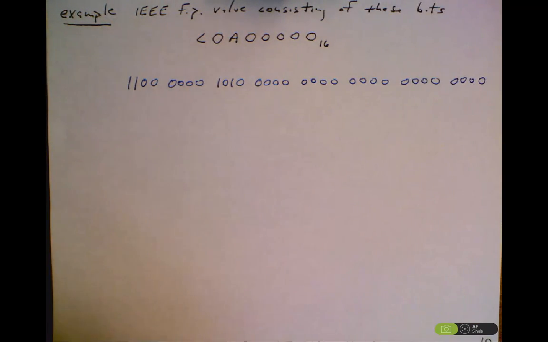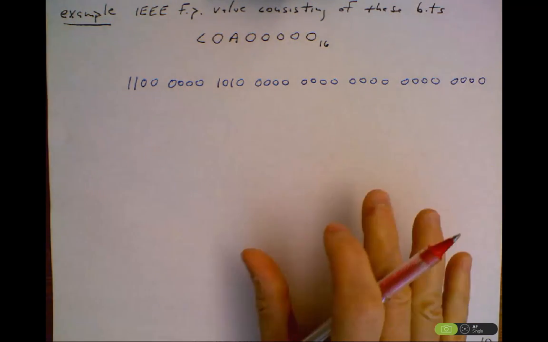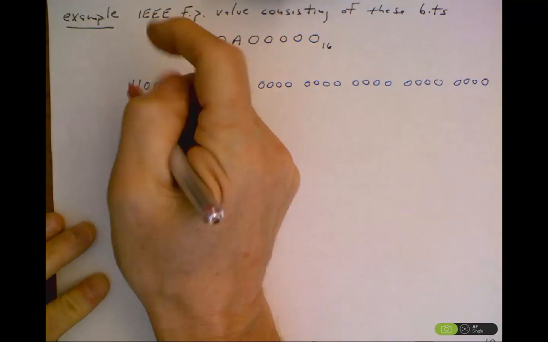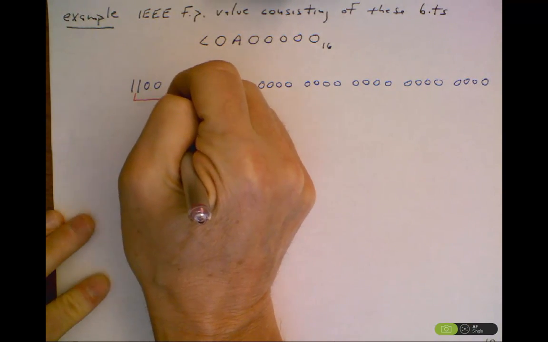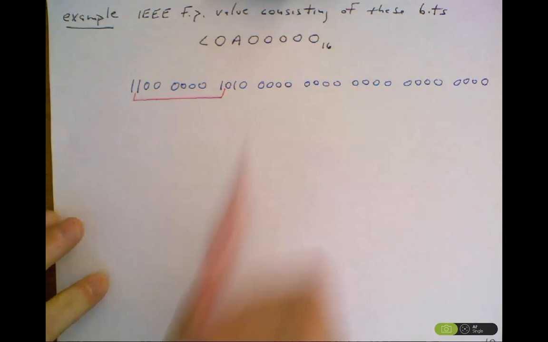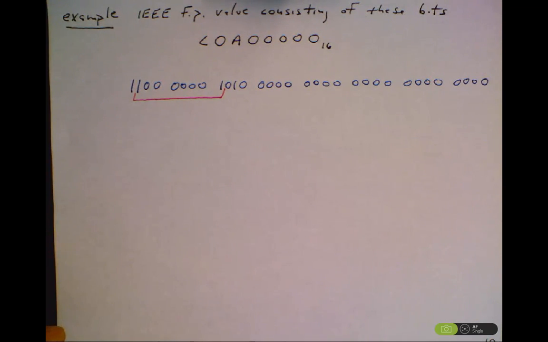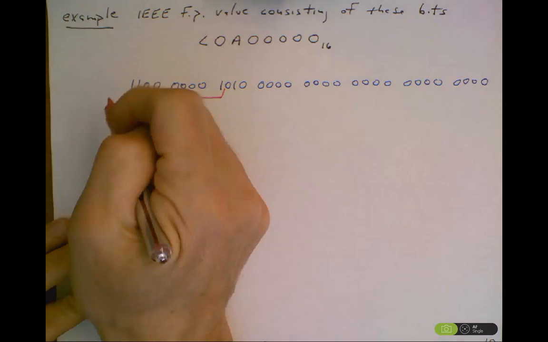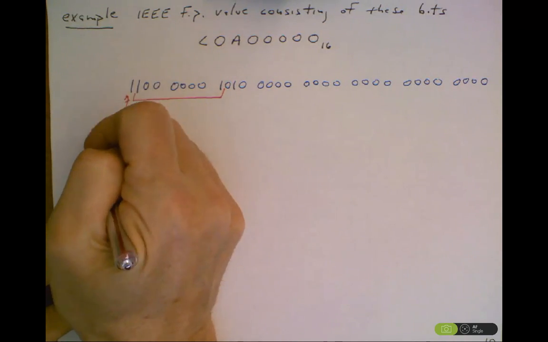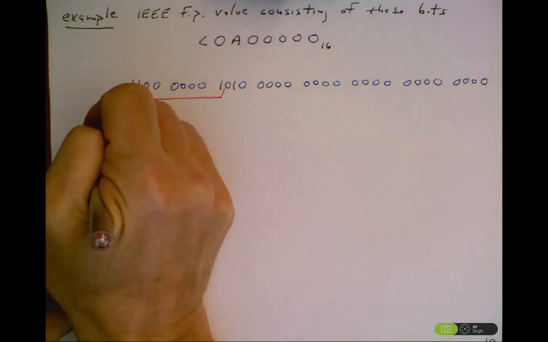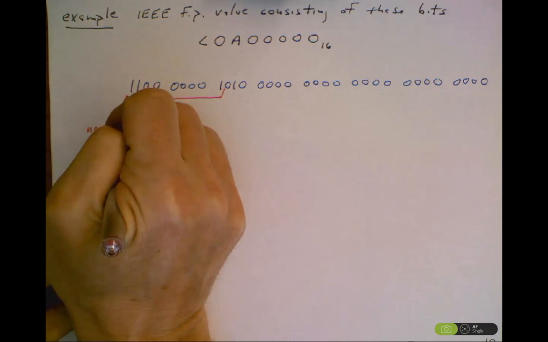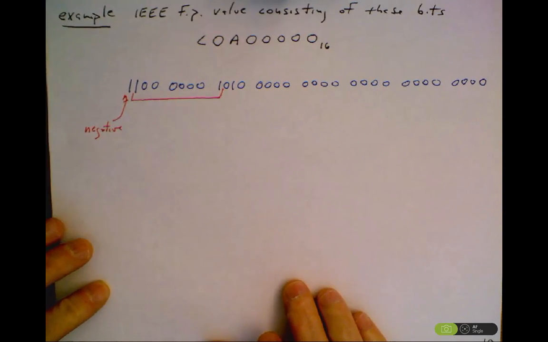So I've got to look in here and decode the three components. I know the exponent is those 8 bits right in there. And right off the bat, I can tell that the value is negative. Sign bit is set.